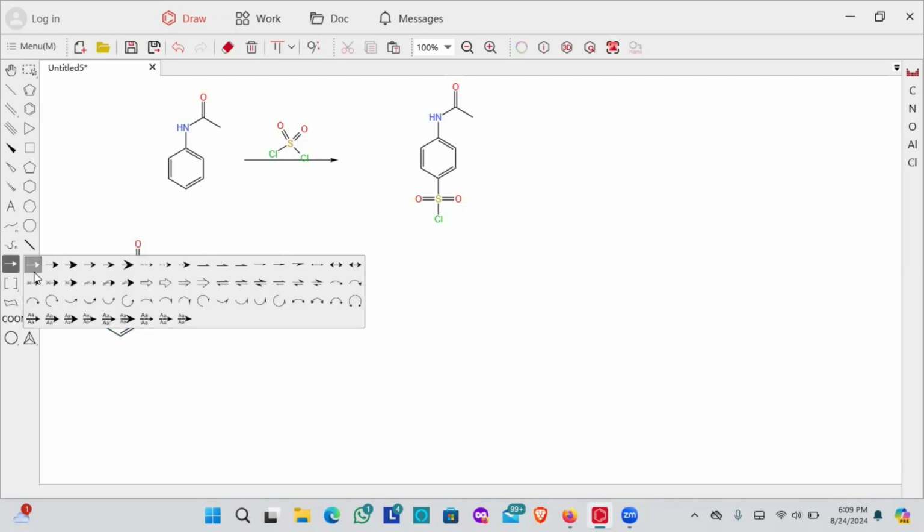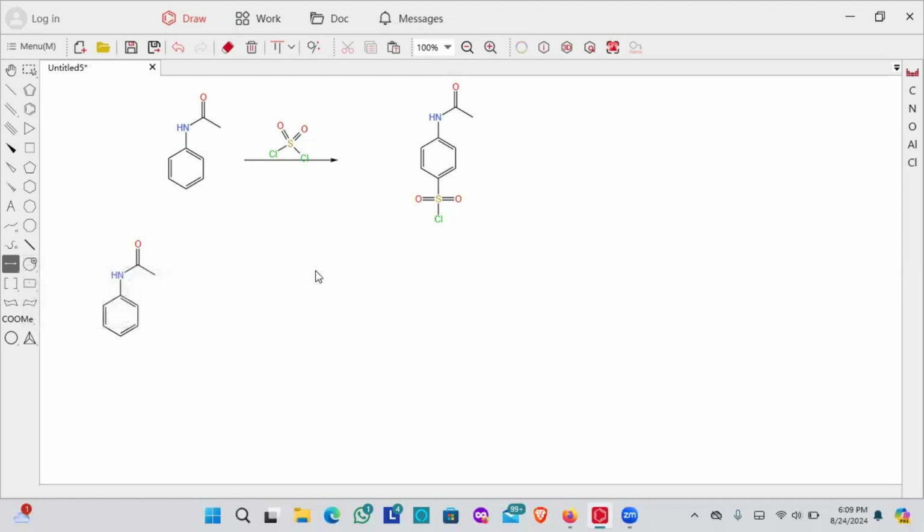What we're going to end up doing is simply break the double bond here into an electron pair on this carbon and a positive charge on this carbon.